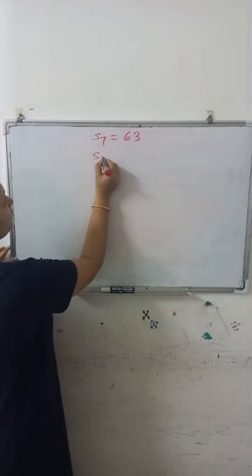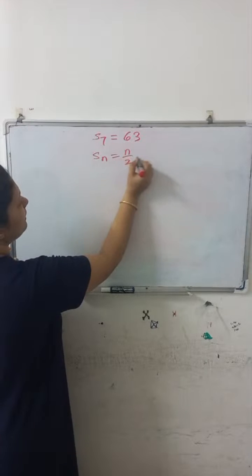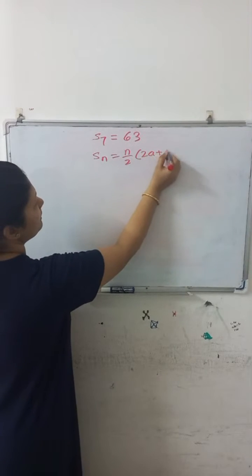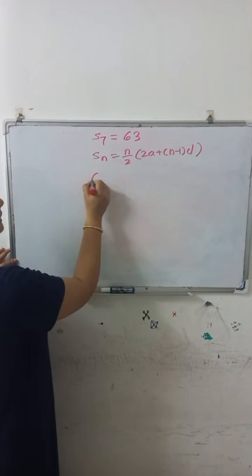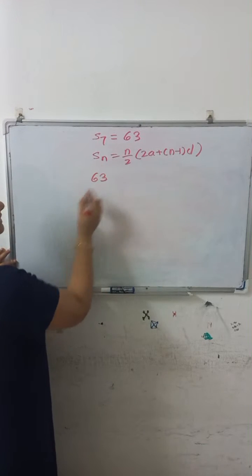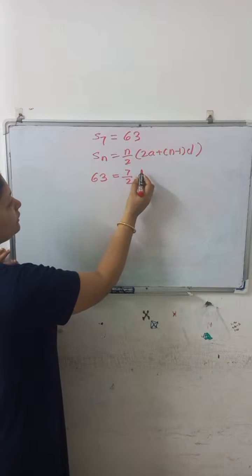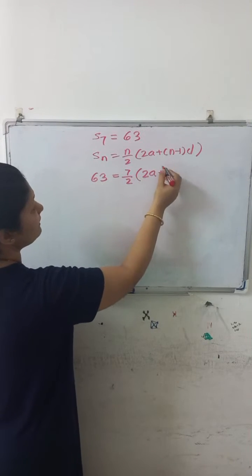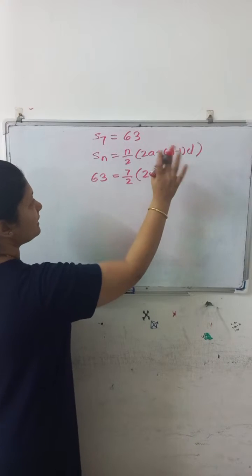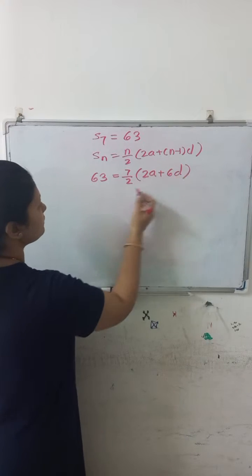Here we can use Sn is equal to n by 2 times (2a plus (n minus 1) into d). So the sum of 7 terms is 63. Here 7 by 2, and 2a, I don't know, and 7 means here 6, because 7 minus 1 is 6, and the common difference we also don't know.